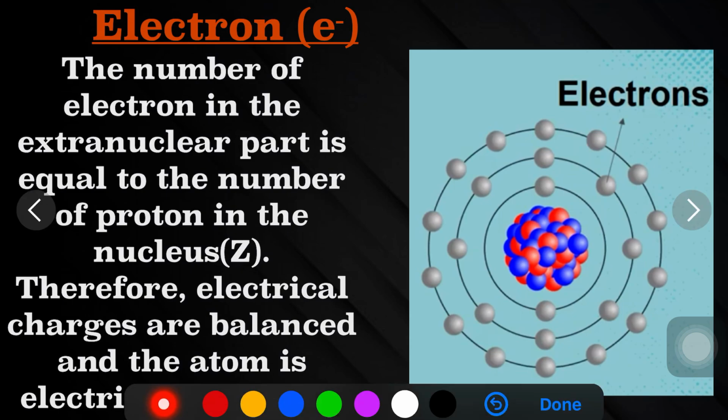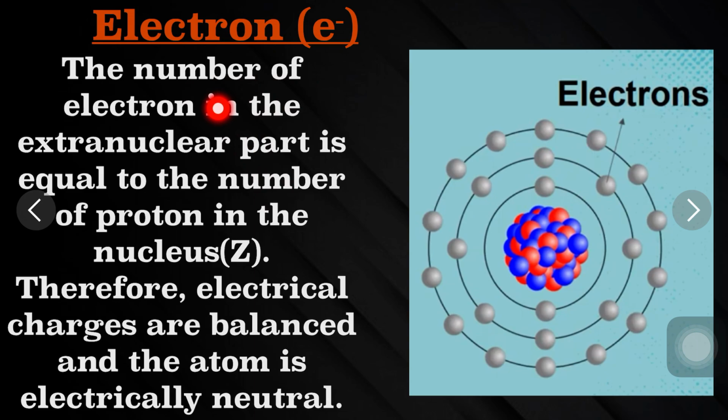Student, as you know, the number of electrons in the extranuclear part is equal to the number of protons in the nucleus. Once again I will repeat, the number of electrons is equal to the number of protons.